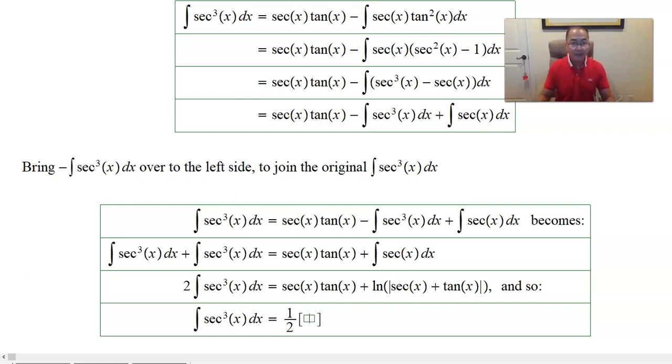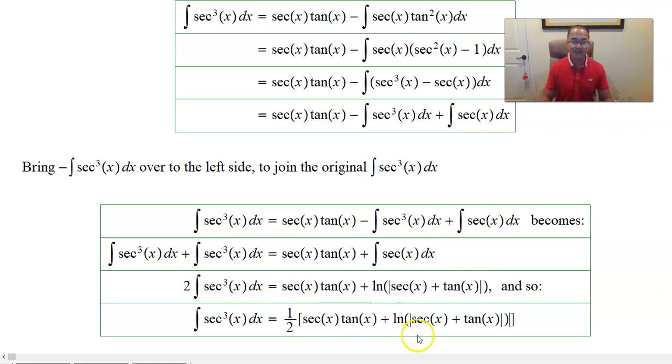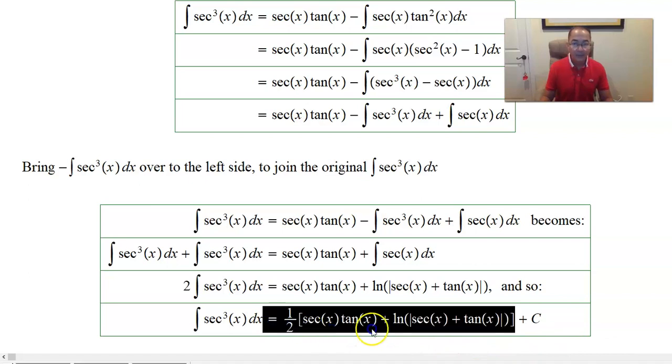And we have this secant tangent plus ln of secant plus tangent. Okay, so this is a little bit of a tricky formula because here secant and tangent are multiplied together, but over here they're added together inside the ln. By the way, in case you're thinking, can't we just write that as ln of secant times ln of tangent? No, no, no. It doesn't work that way.